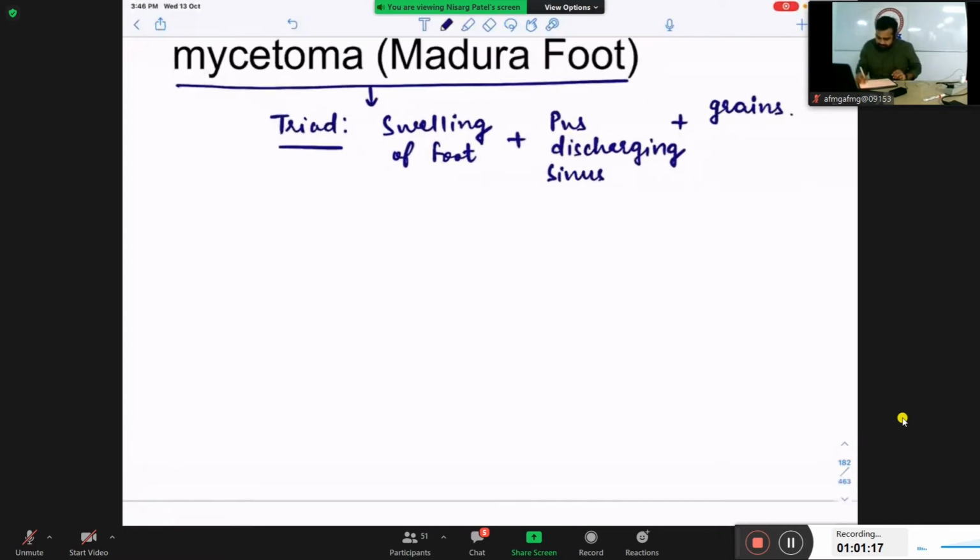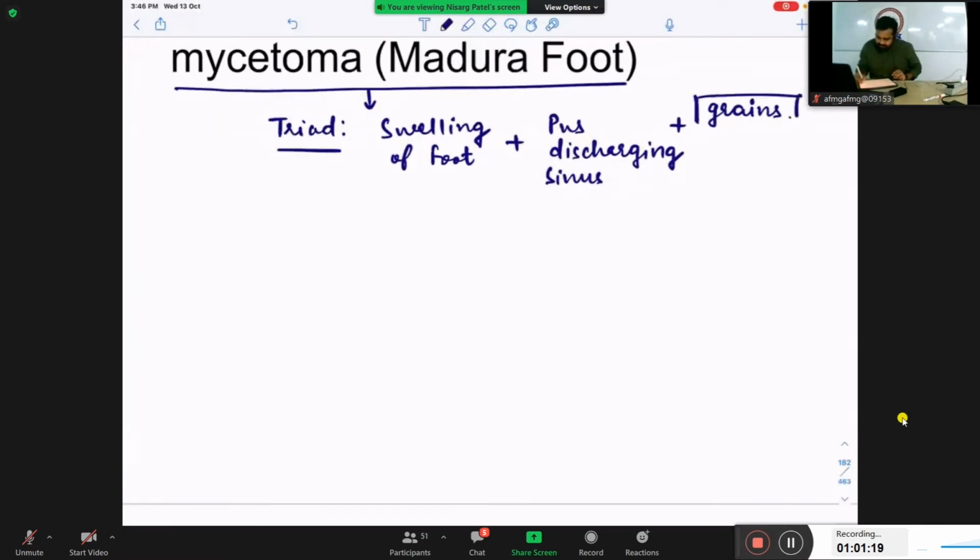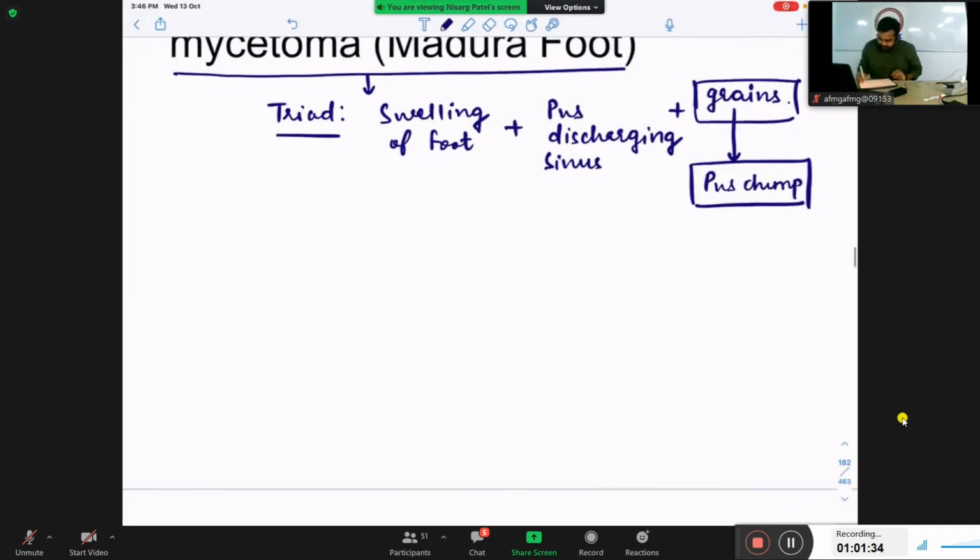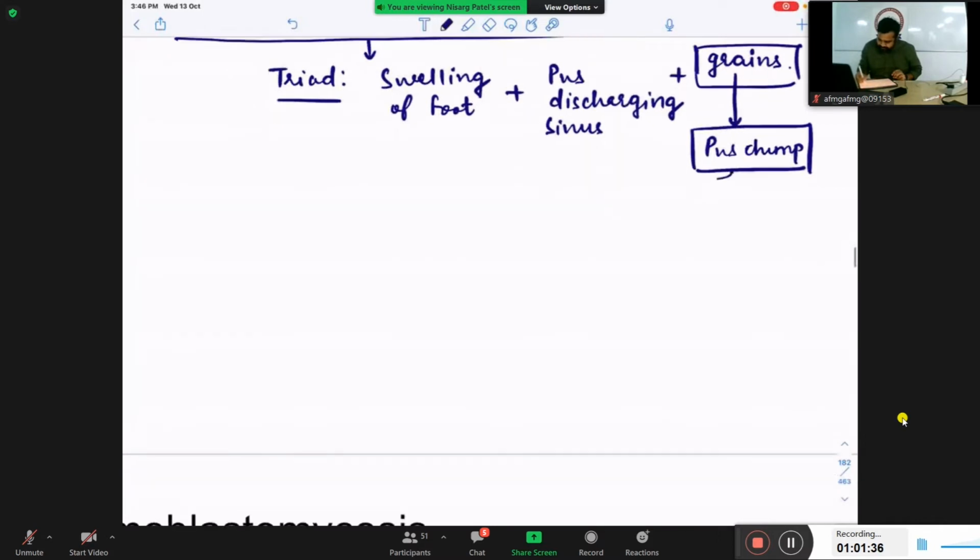Now, what is this grain? This is a clump of the pus. This clump of pus can be of two colors.